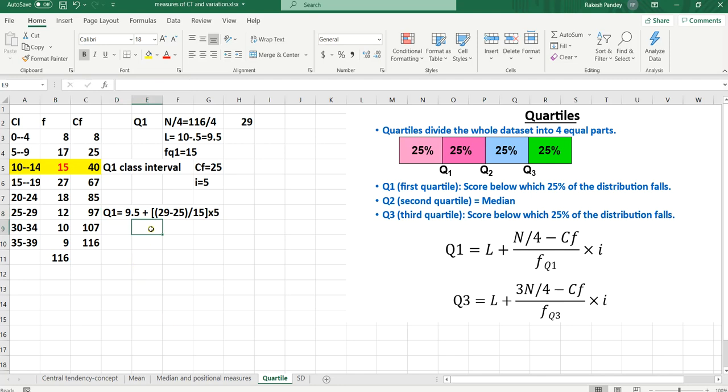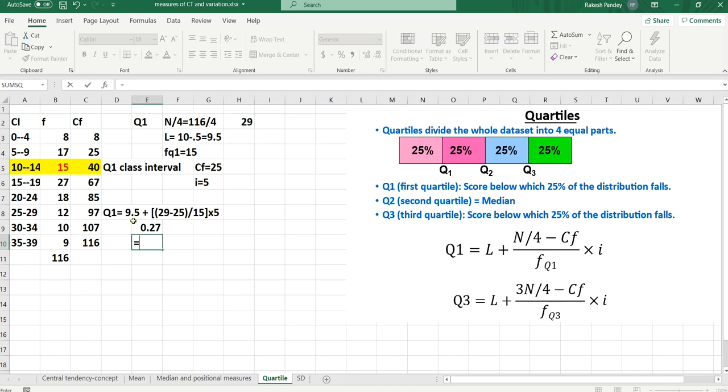So 29 minus 25 is 4, and 4 by 15, let us do the computation. So 4 by 15 is equal to 0.27, and now we have obtained this, 29 minus 25, 4 by 15 is 0.27, and now we will multiply this by 5.